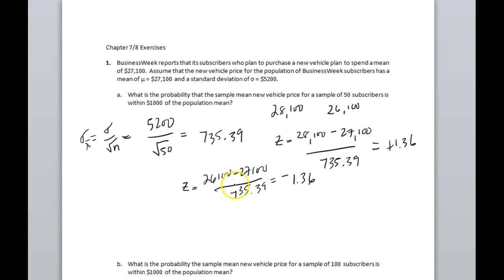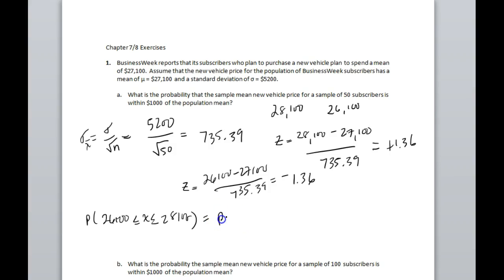All right. And then essentially now we're just going to be finding the probability that z is between those two. So realistically, we're looking at the probability that X is between 26,100 and 28,100, right? But we just calculated the z-scores so that we can actually use our table.